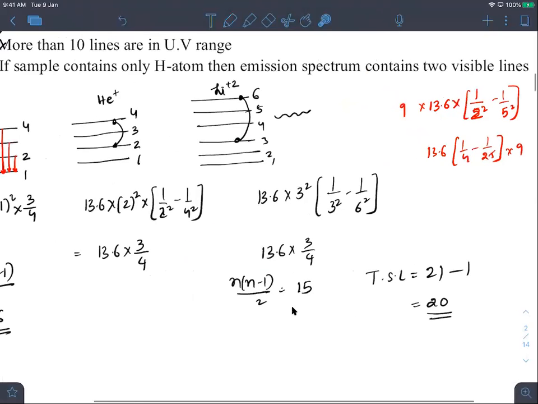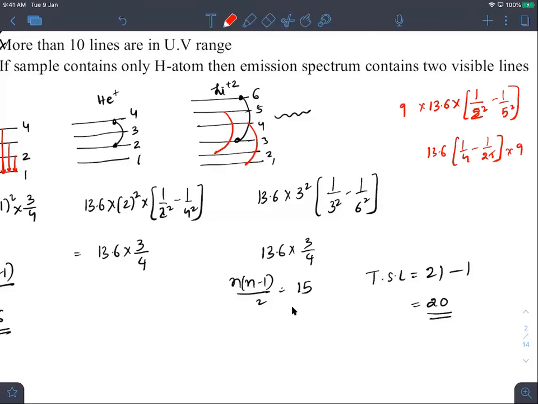What happens if you check out the transitions from higher, 6 to 3, if you compare with 5 to 4, 5 to 2, 5 to 2 will have more energy. Similarly, 4 to 1 will have more energy. Same way, 2 to 1 will also have more energy, because the transition energy would be more. So usually you would see that if 6 to 3 is happening, then 5 to 3 or 4 to 1, they would also have more energy in this case.